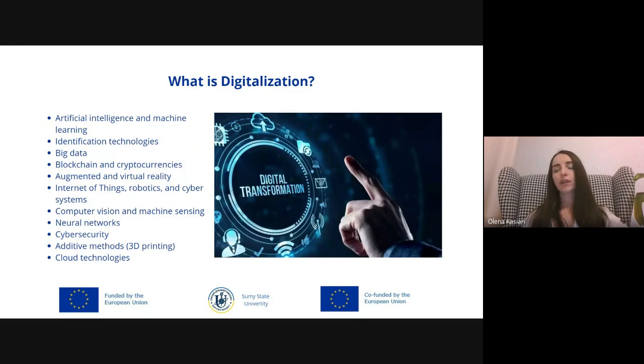You can have a virtual house, and everything actually costs normal money, very high cost, but everything is virtual. Then the Internet of Things, robots and cyber systems, computer vision and machine sensors, neural networks, cybersecurity, this is a very important one, additive methods based on 3D printing, cloud technologies. So these are basically not just key directions, but future work opportunities.